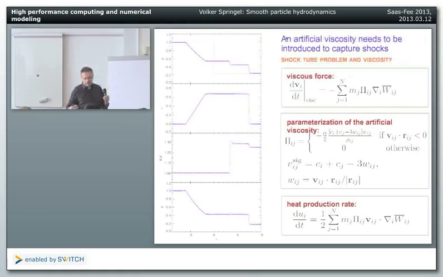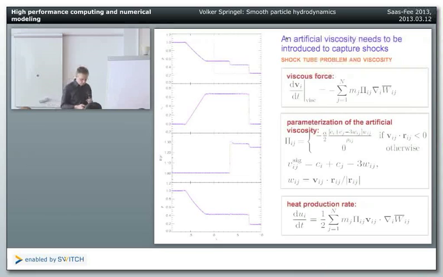If this is large, so if the gas particles approach each other on a short time scale relative to the sound crossing time over their distance, then this viscosity tensor says, oh, there is a rapid compression, I better be viscous now. And if there's an expansion, then this switch gives you zero viscosity.